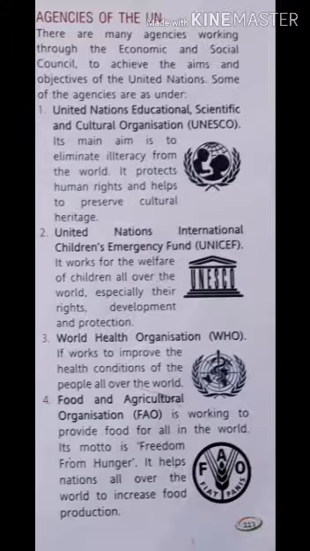The first is United Nations Educational, Scientific and Cultural Organization, UNESCO. Its main aim is to eliminate illiteracy from the world. It protects human rights and helps to preserve cultural heritage.